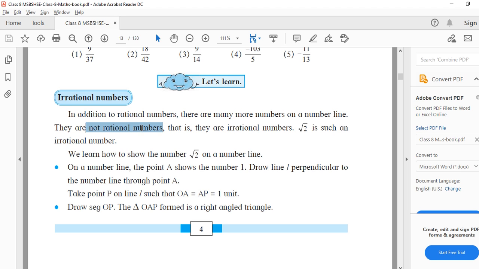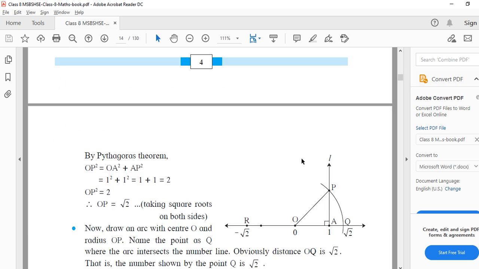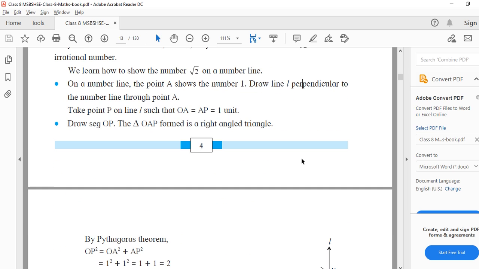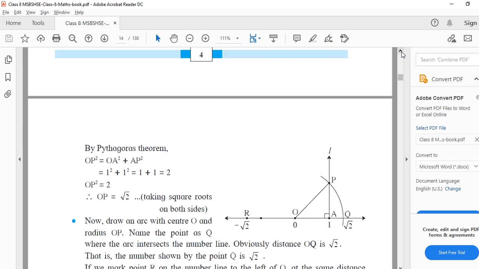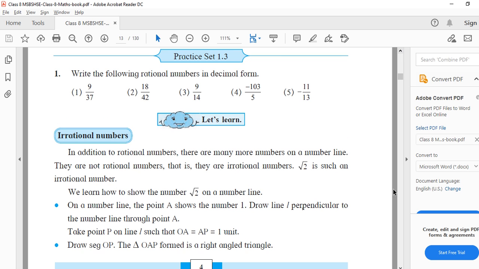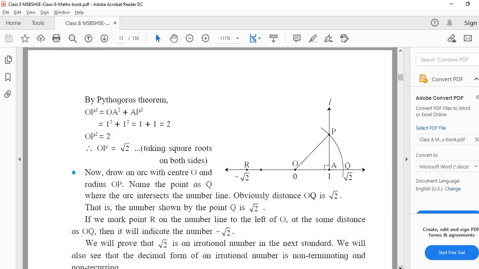They are not rational numbers, that is, they are irrational numbers. One example is root 2. Any number which has a root, like root 2, root 3, root 5, root 7, whatever it is, is an irrational number.